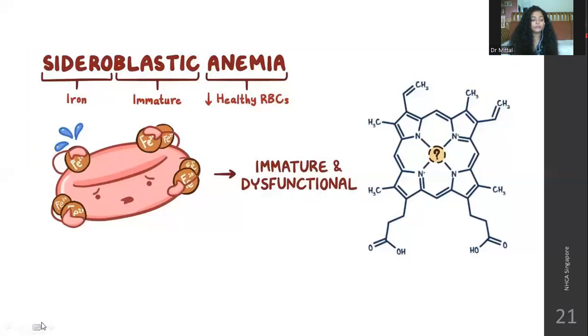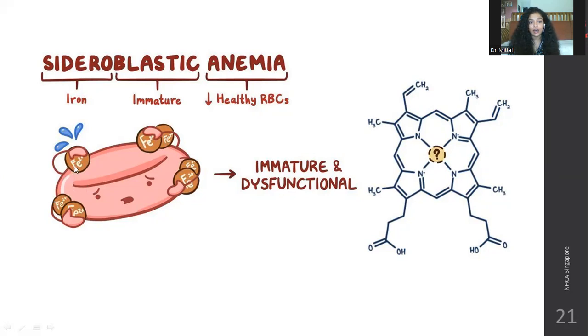Sideroblastic anemia is the kind of anemia associated with pyridoxine deficiency. If you try to break this term, sidero relates to iron, blastic means immature, anemia is a decreased amount of healthy RBCs being formed in the body.